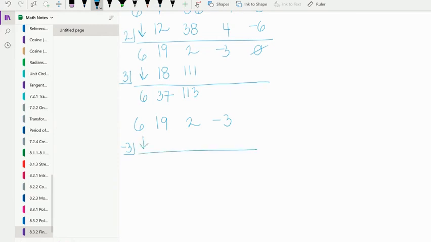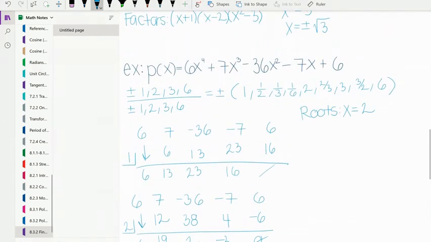So we pull down the 6. -3 times 6 is -18. And then 19 minus 18 is 1. Then we get -3. 2 minus 3 is -1. -1 and -3 is 3. Yay, we got it. Okay, so another root is x equals -3.